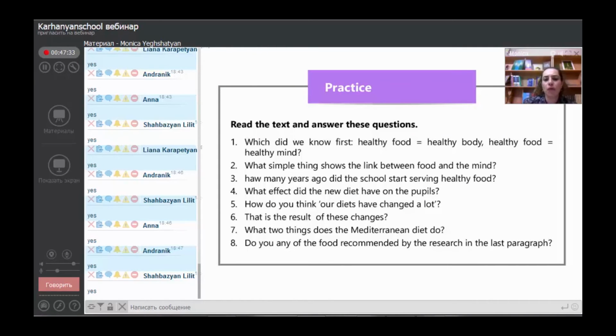Which did we know first? Healthy food is equal to healthy body, or healthy food is equal to healthy mind? Before reading the text, before the research, which was the first one? Healthy food and healthy body.